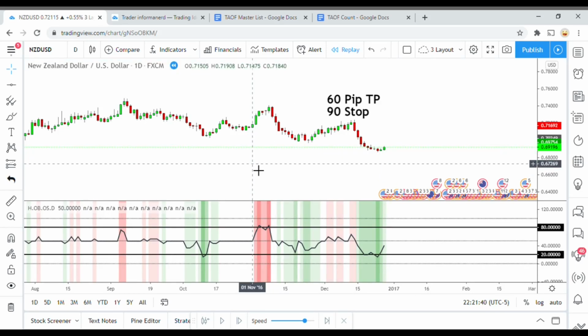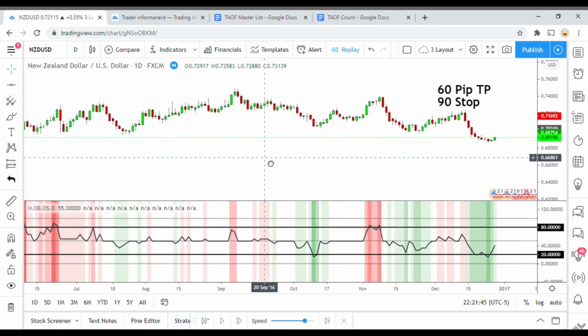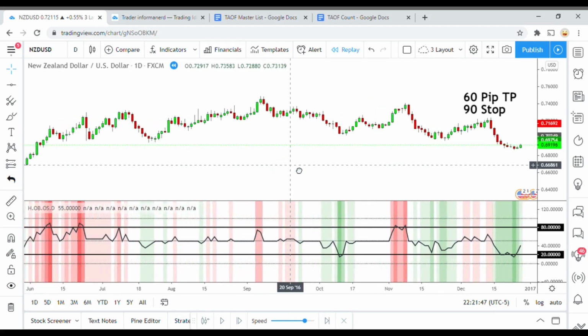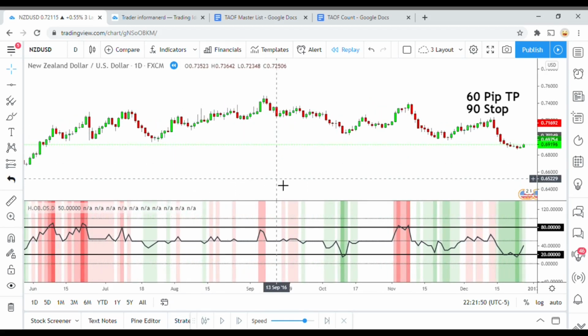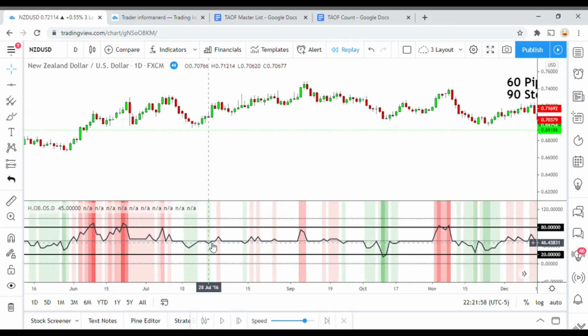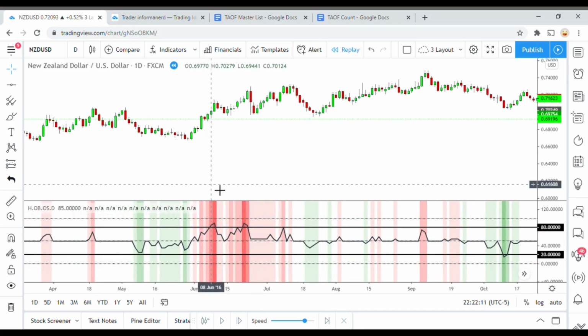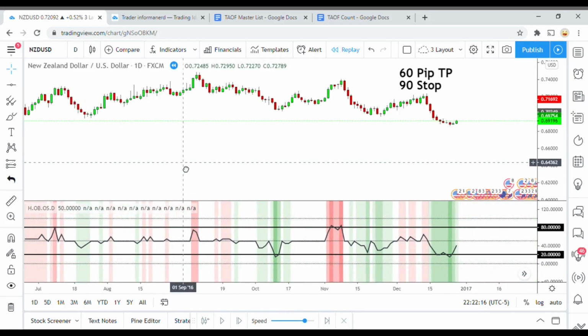And so what we are looking for is a touch or a cross of these levels. There are other levels that you could definitely play with if you wanted to, but I feel like this really catches the highest probability areas of confluence between multiple indicators.